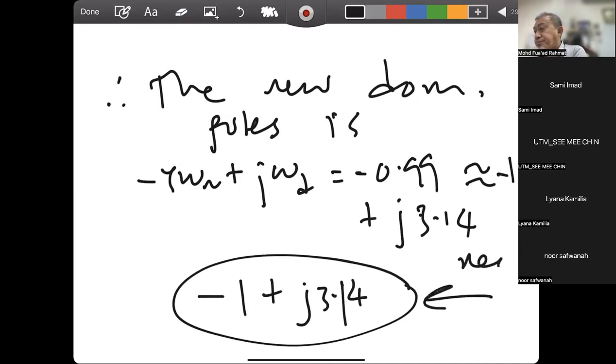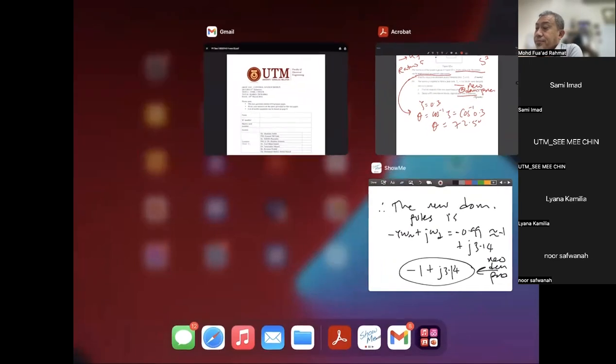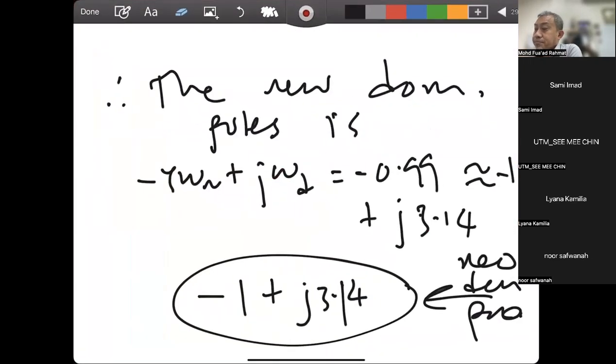The new dominant pole. Okay, so design a PD controller so that the peak time is achieved at 1 second. Right. So what is the next step?